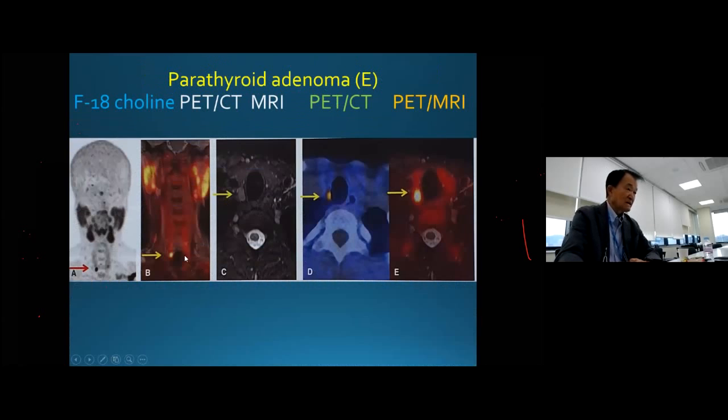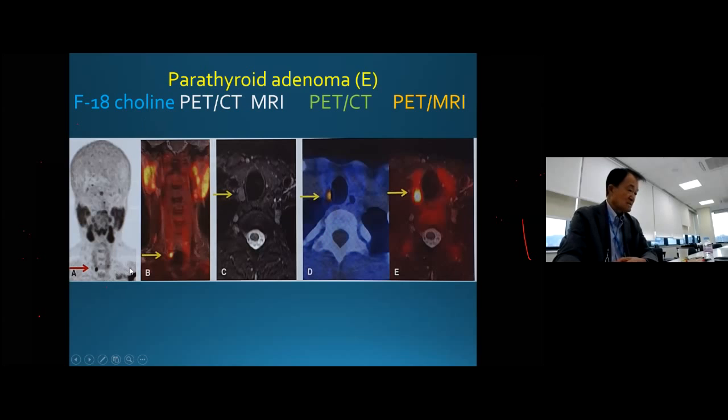Now, certainly choline has been used to evaluate prostate cancer and other soft tissue. Choline is sort of a fatty acid metabolic process, so any cancer can show some increased uptake of choline.